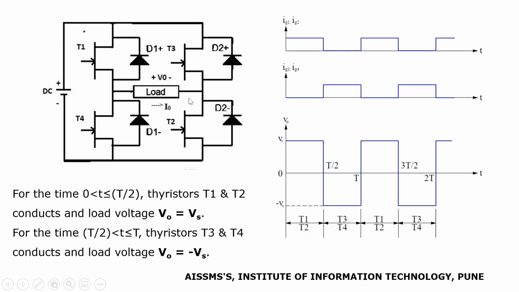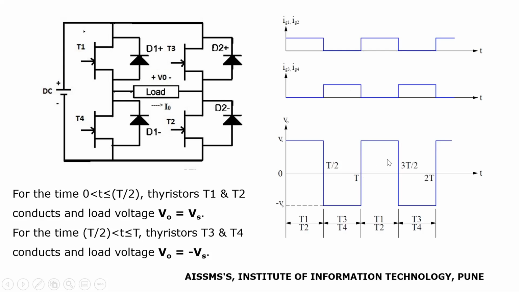So the direction of current flowing through the load gets reversed and the voltage applied across the load also gets reversed. During this operating mode, the voltage appearing across the load becomes equal to minus Vs. At instant T, T3 and T4 are commutated and a simultaneous triggering pulse is applied to T1 and T2. With this, T1 and T2 get turned on and the same operation is repeated.